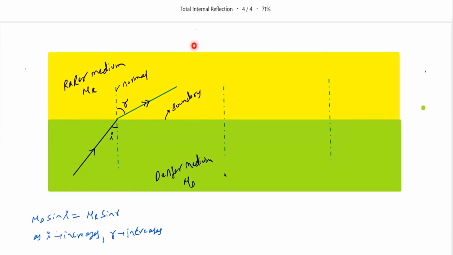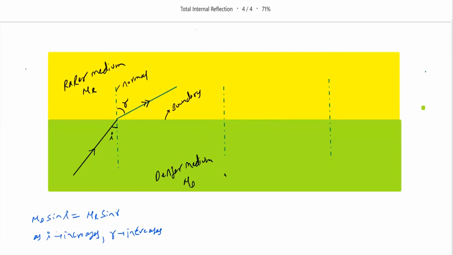As this angle increases, definitely r has to increase. Now I'll increase the angle of incidence. Then for one specific angle of incidence, the refracted ray will graze the boundary.